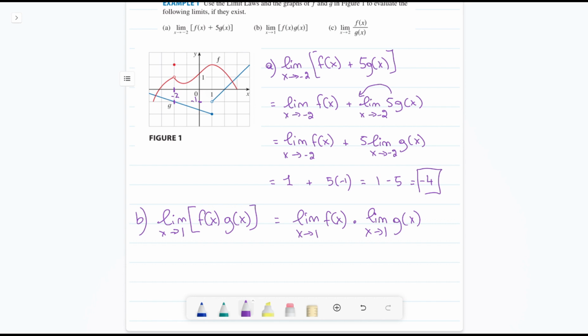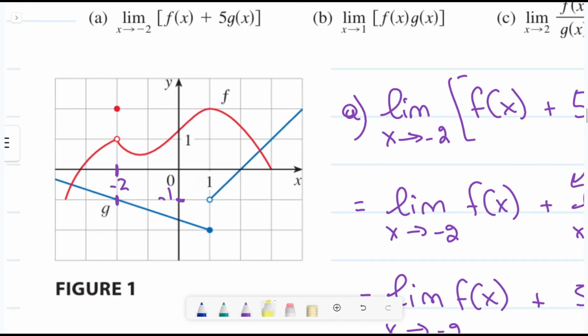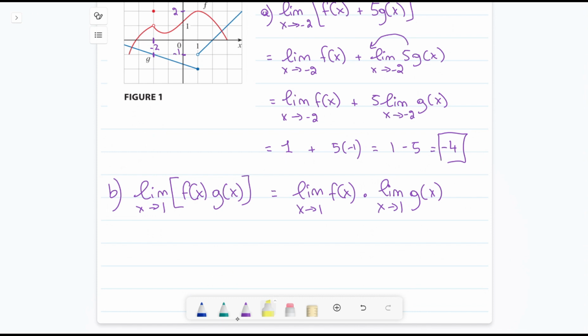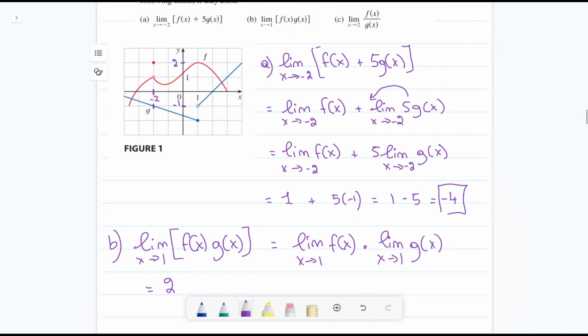So let's find each limit. As f of x approaches 1 from the left, we are getting really close to this value of 2. And as f of x approaches 1 from the right, we are also getting really close to the value of 2. So the limit of f of x as x approaches 1 is 2.